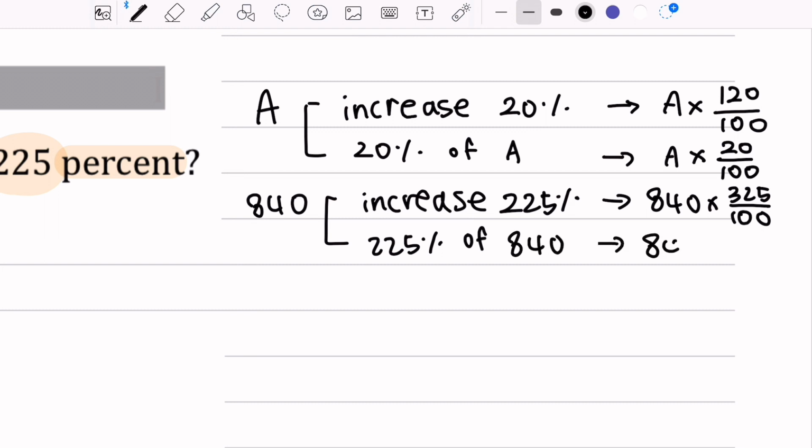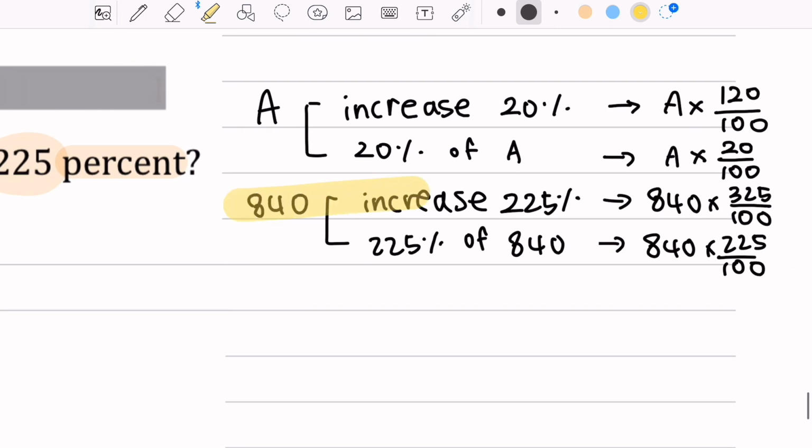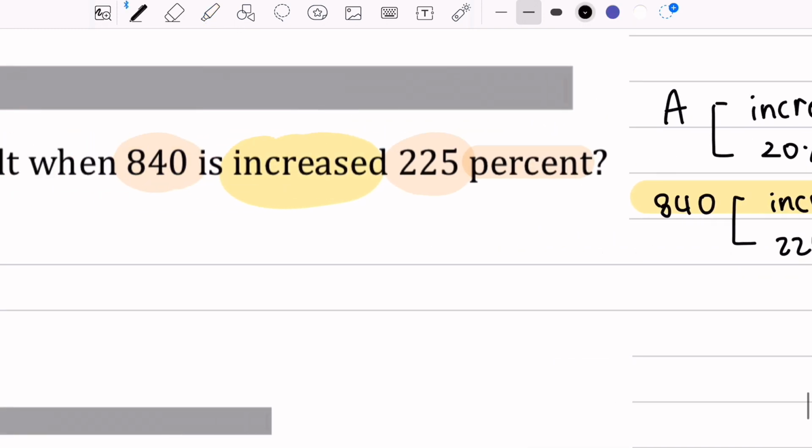Then it would be 840 times 225 over 100. But this question is asking about an increase, so you should solve it with this formula. Some students might be confused: oh, this is 225, so the increase is already included, but it is not.